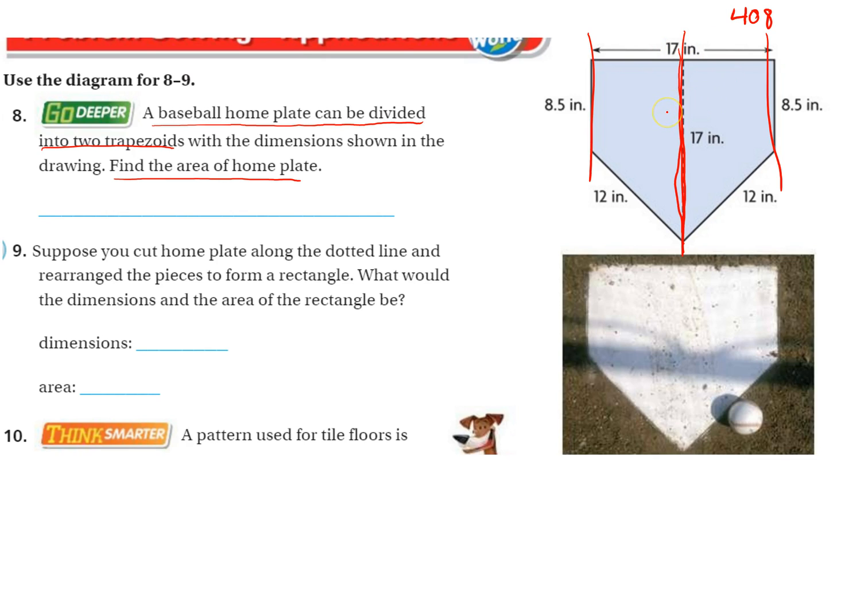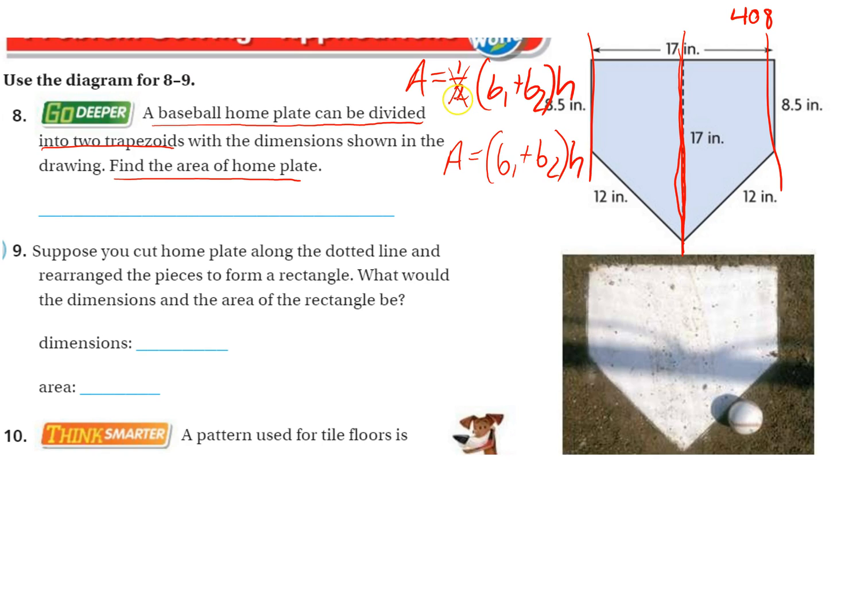Or, if we really want to think about it and cut a step out, since our formula is area equals 1/2 base 1 plus base 2 times the height, and we need both trapezoids, we can take out this 1/2 step and just find the area of base 1 plus base 2 times the height.